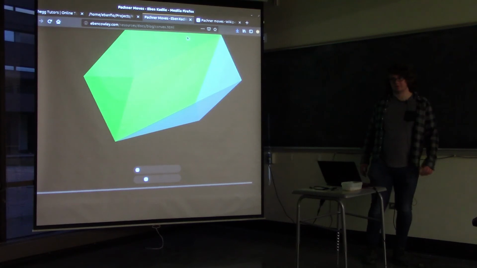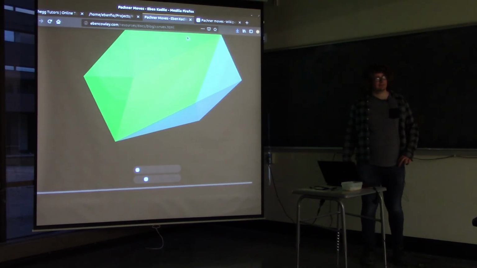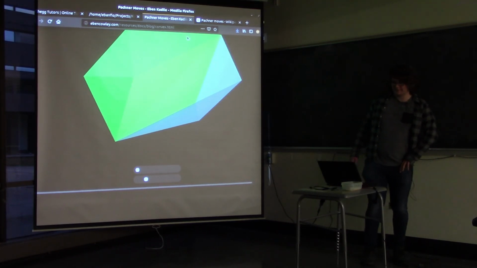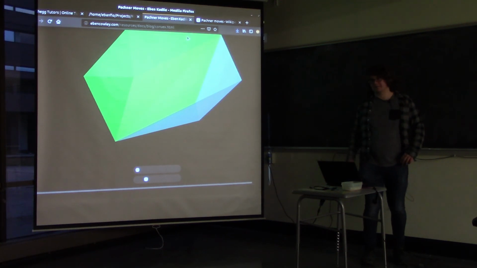Anyone else have any questions? Yeah, May. So you said that the simplices behave as complete graphs on n vertices. Is there a graph theoretic interpretation of Pachner moves, like in terms of the traditional graph theory moves, like defining minors and things like that?